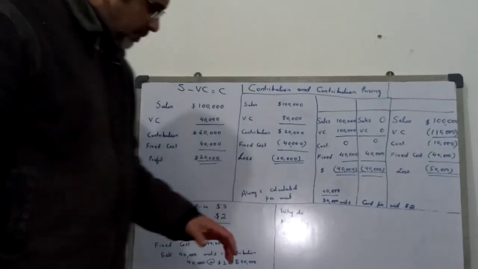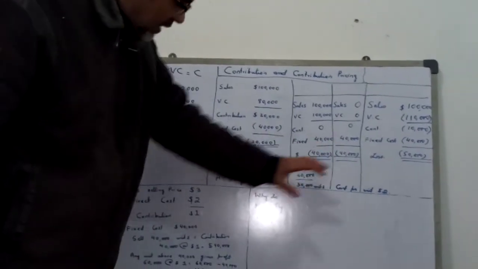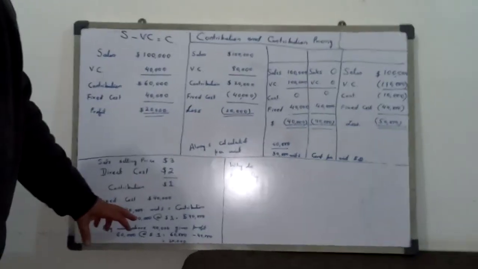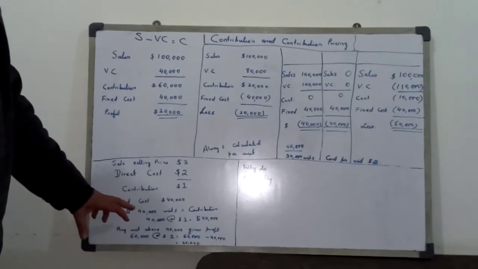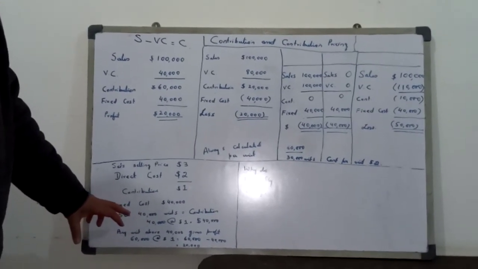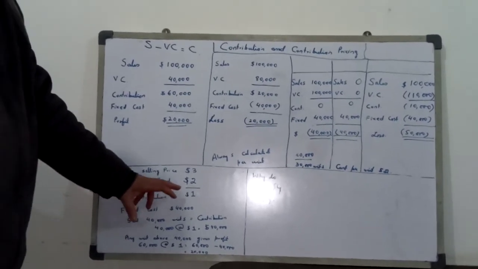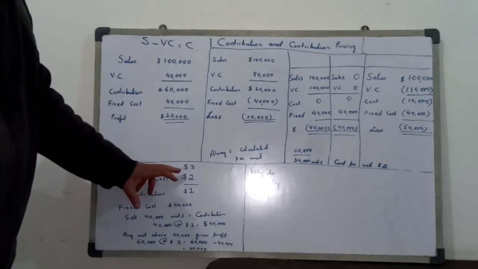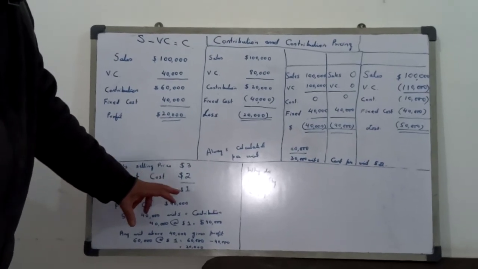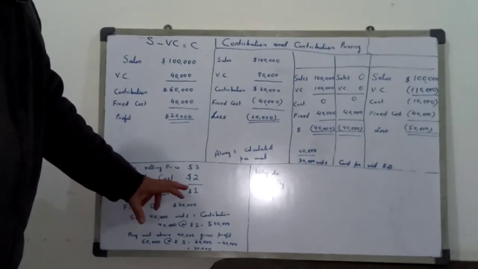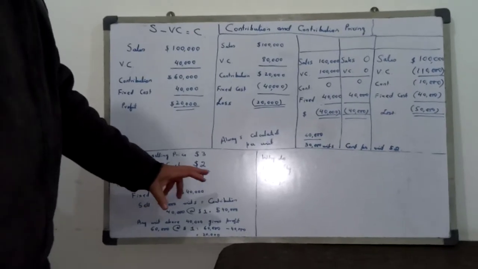So please keep this example in mind, and please keep in mind that here the company is setting its price based on the contribution. The price is $3. Why? Because the company has set a contribution for itself at $1.